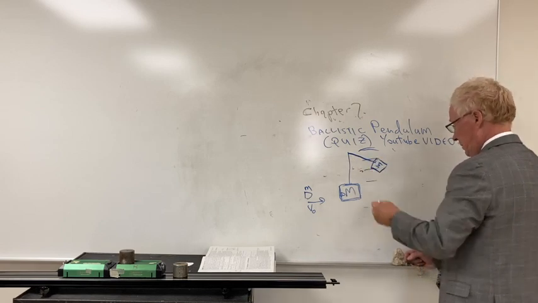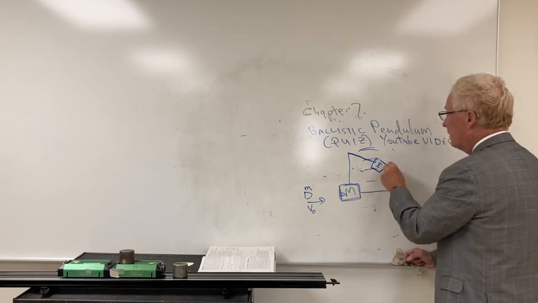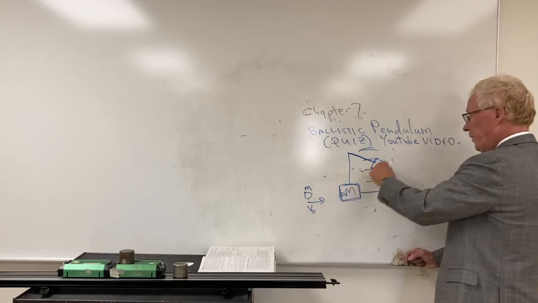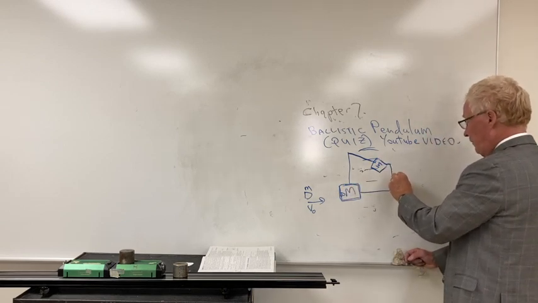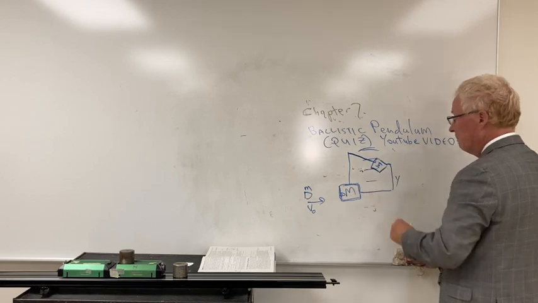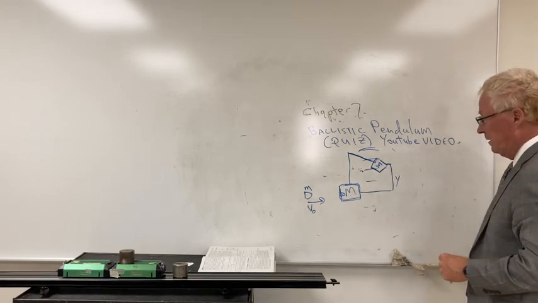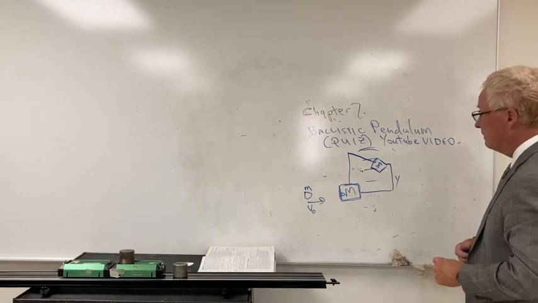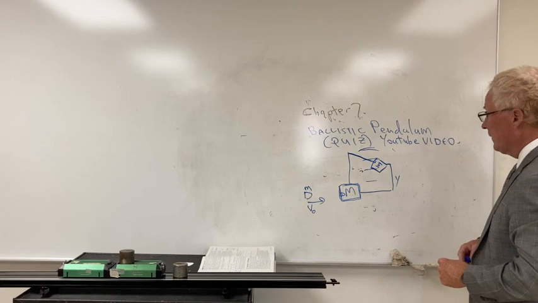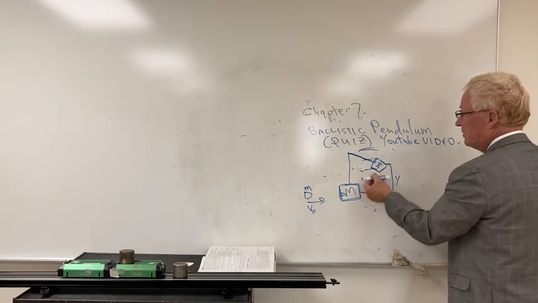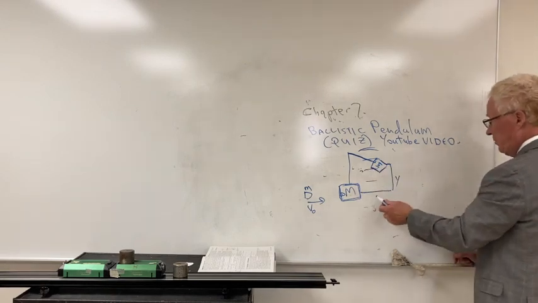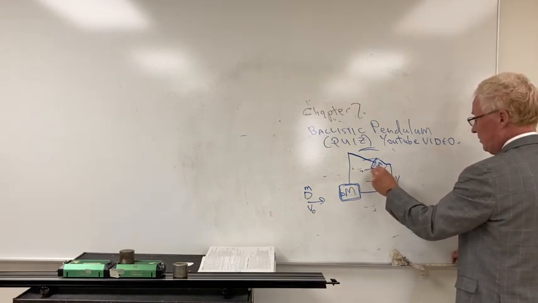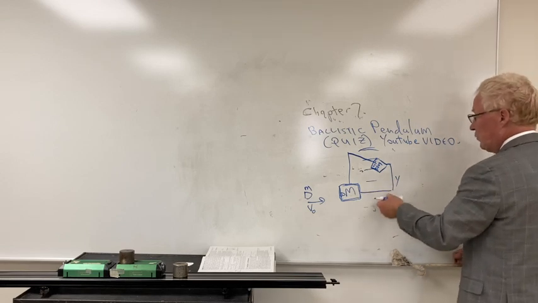So this will hit it, they'll stick together, and the whole thing will swing up to some height y. Based on our equations of potential energy, this will be big M plus little m, so the bullet's there. This will rise to a certain height.